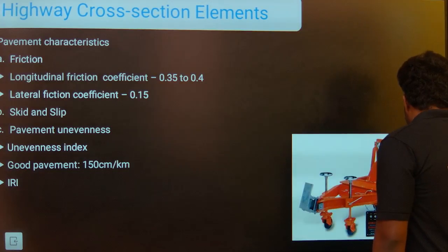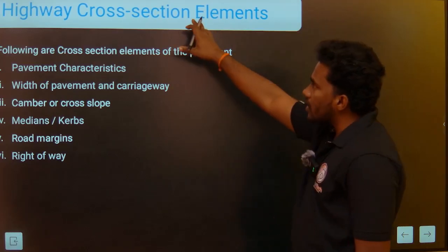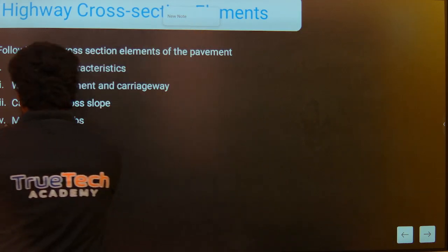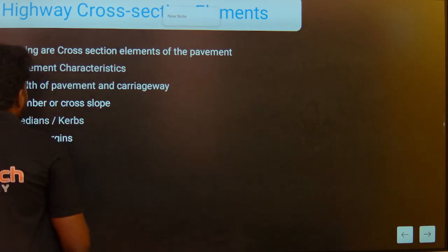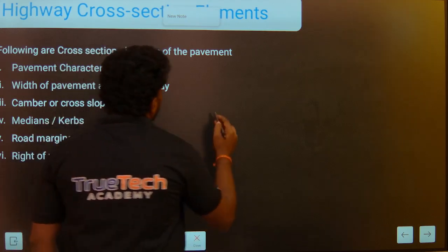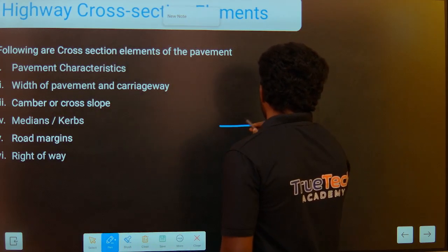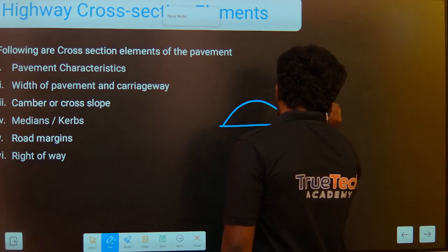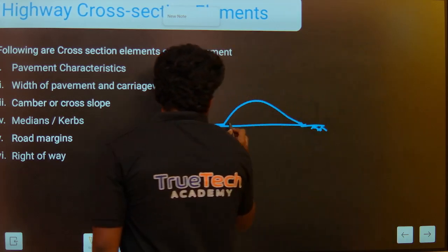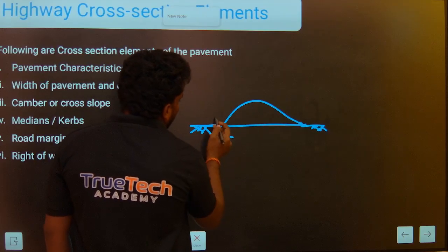Now the geometric design of highways consists of, first, the cross section elements. Let's say this is the road surface and this is the ground surface. Let's say we are constructing a road surface on this. This is the road surface and this is the shoulder.